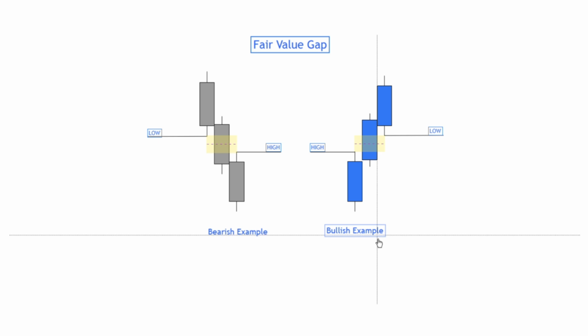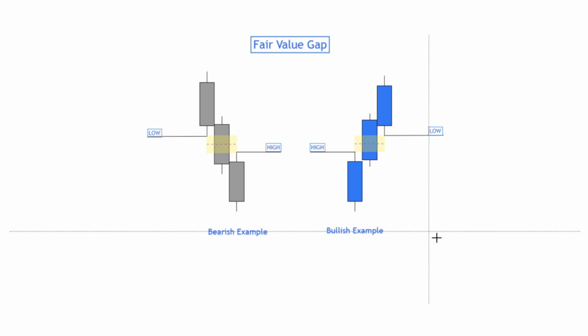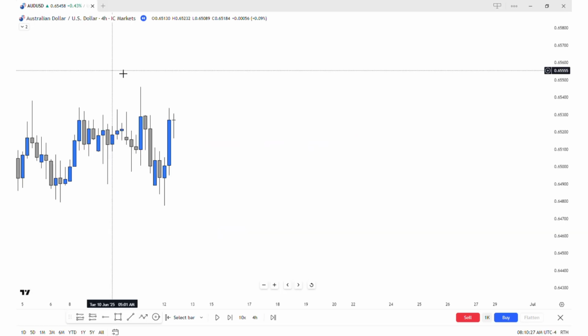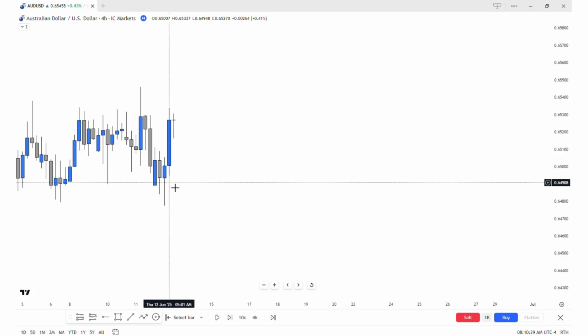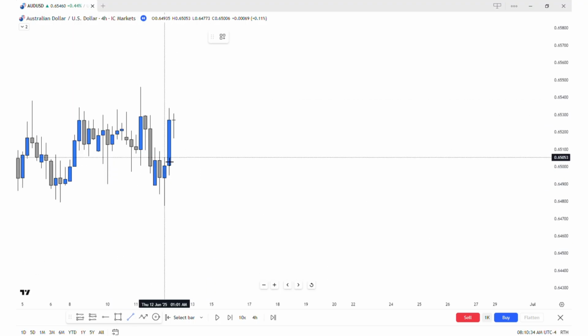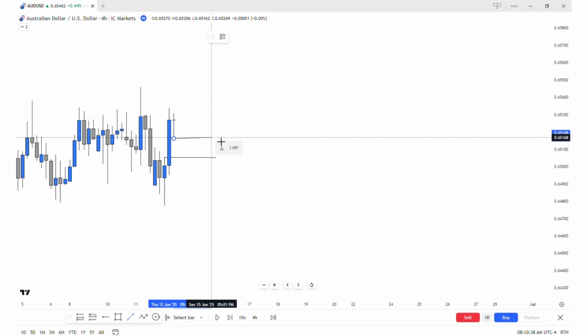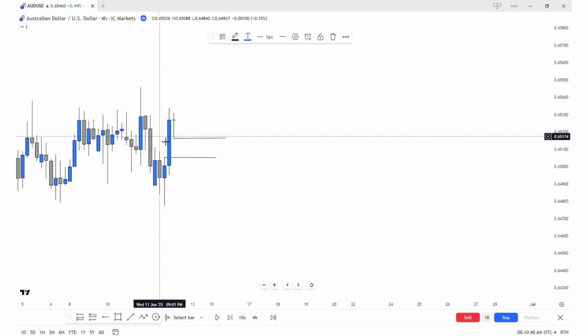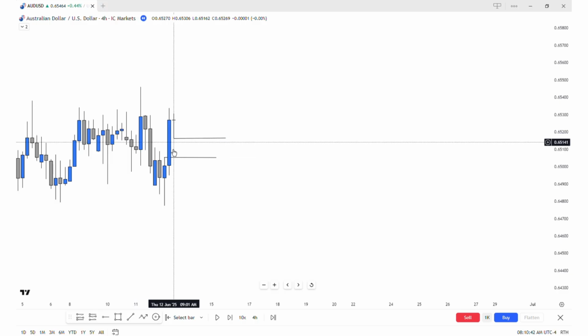Now that we've established the core concept, let's move on to a few more examples so you can see how a fair value gap appears in real price action. Okay, now if you were to look, you see that the high of the first candle and the low of the third candle do not overlap, therefore leaving a gap in between the high of the first candle and the low of the third candle, making a fair value gap.